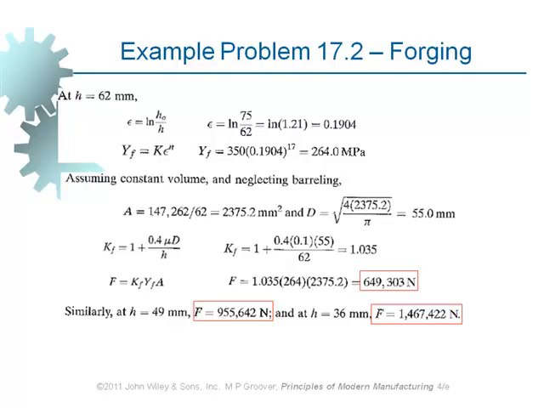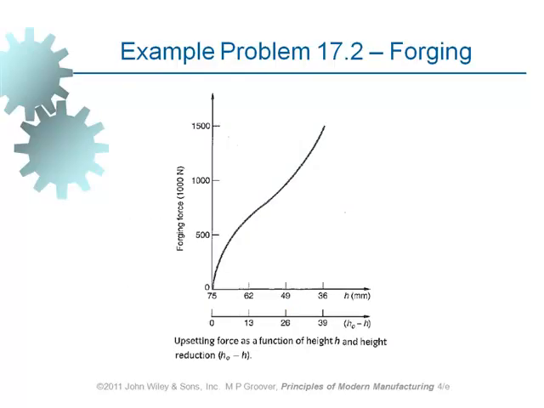How can we relate required force to the height of the workpiece? As height reduces, required force increases significantly. And if we plot required force against change of height, this is what we get.